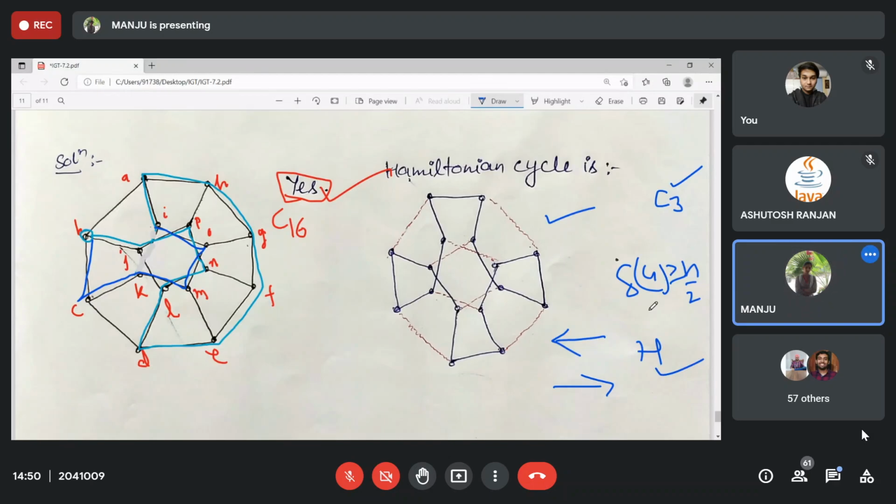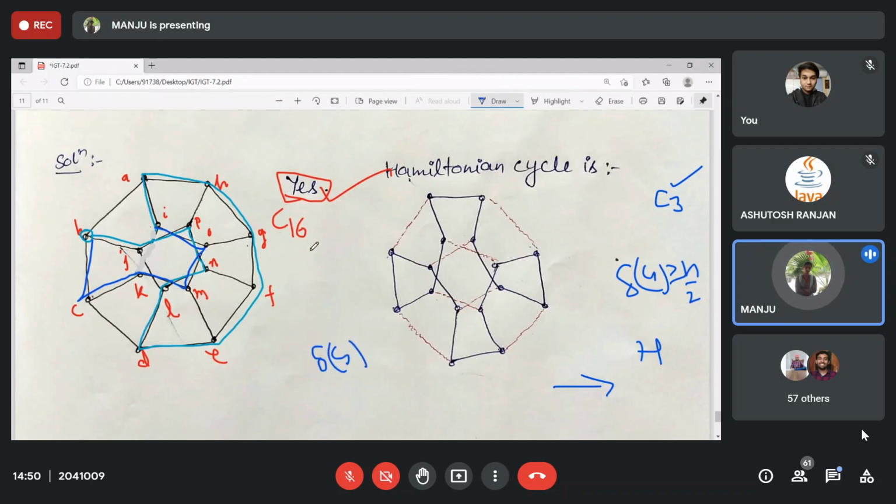That means there are some Hamiltonian graphs for which it may not hold, right? That means Q implies P may not hold, right? For example, in this one, the number of vertices is 16. So if you go by this result, then you will keep checking what the minimum degree is.